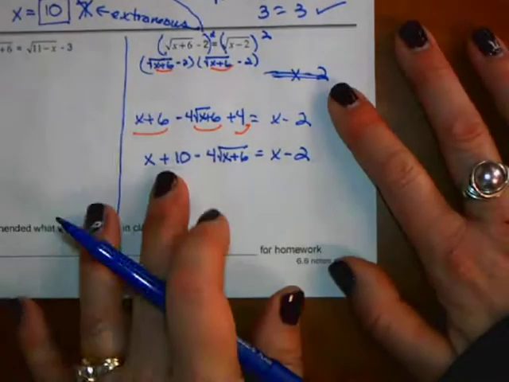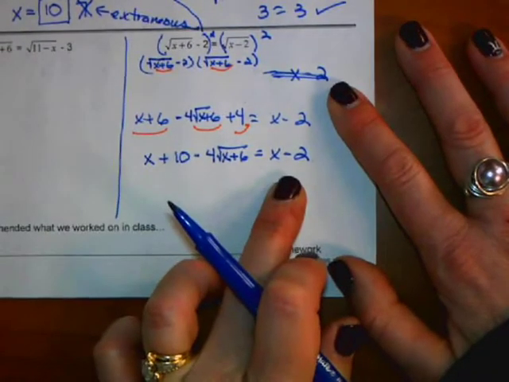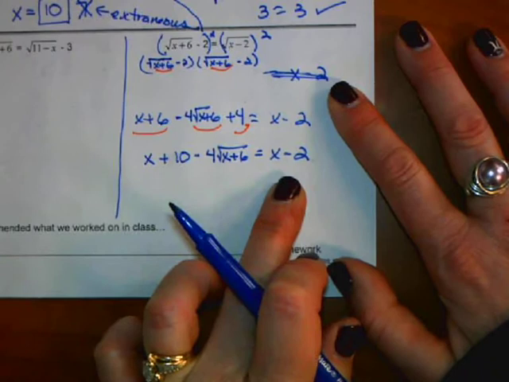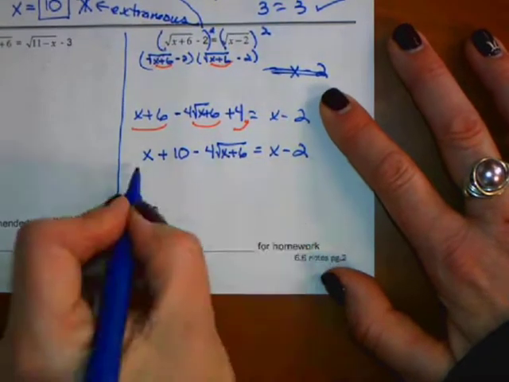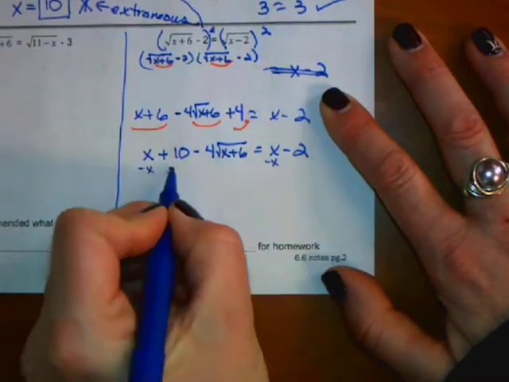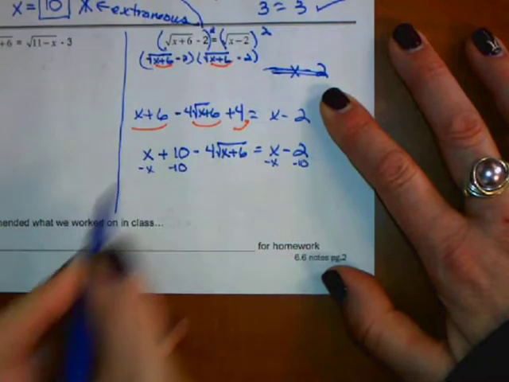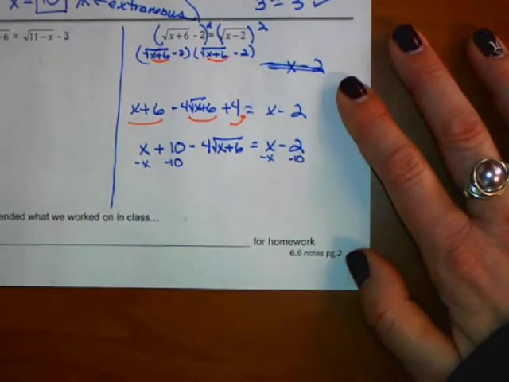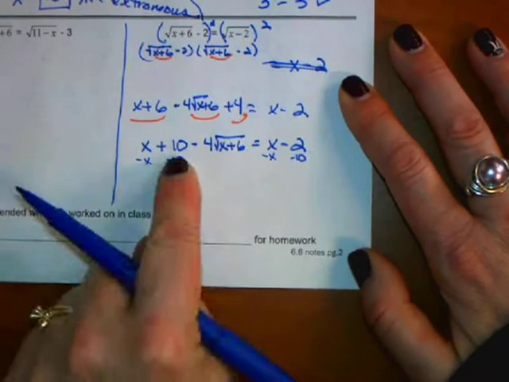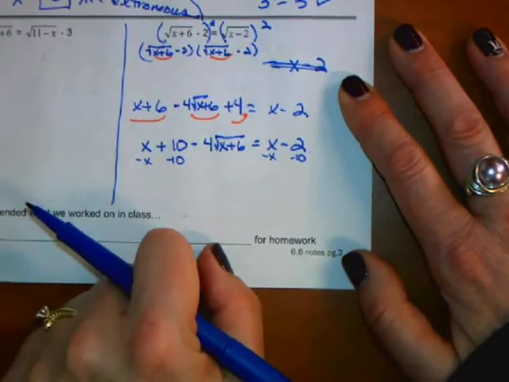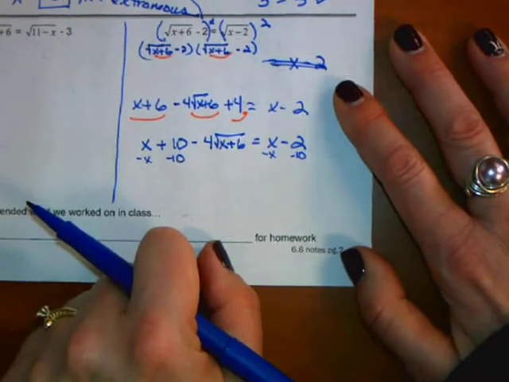And then you can bring this stuff over here. So you subtract x from both sides and subtract 10 from both sides. I combined this 6 and 4. Because you don't have to.